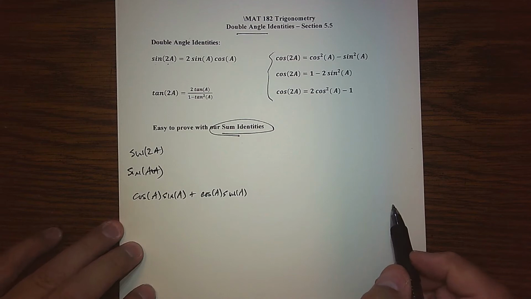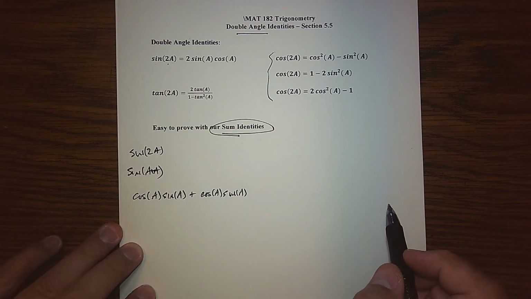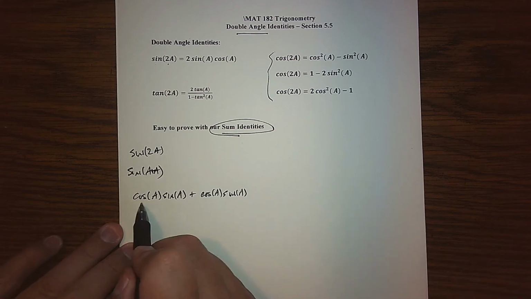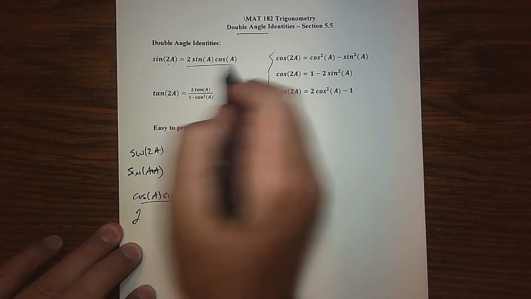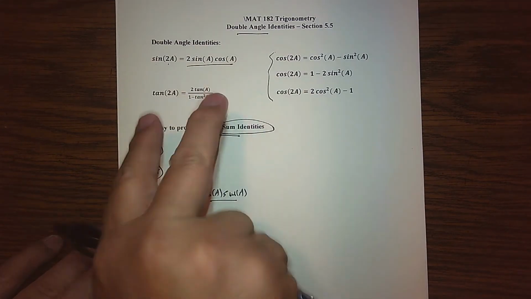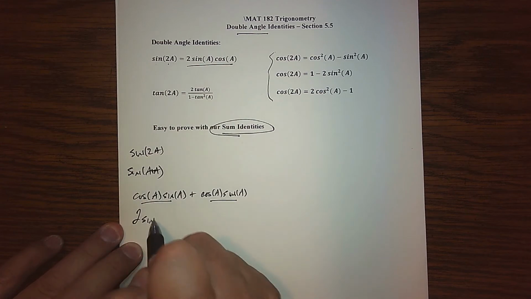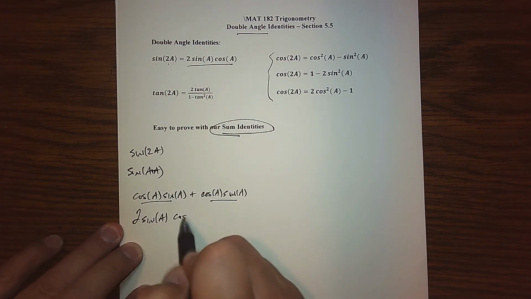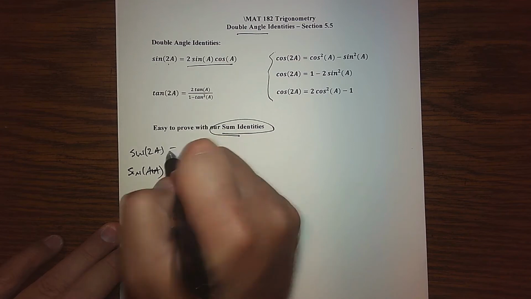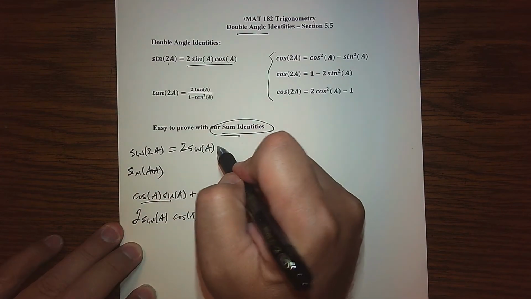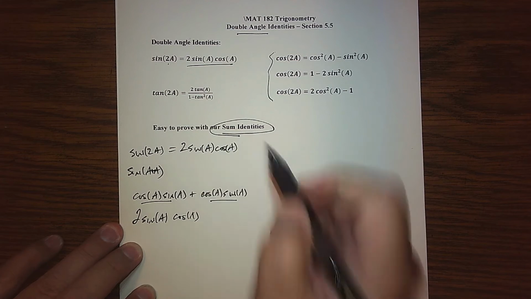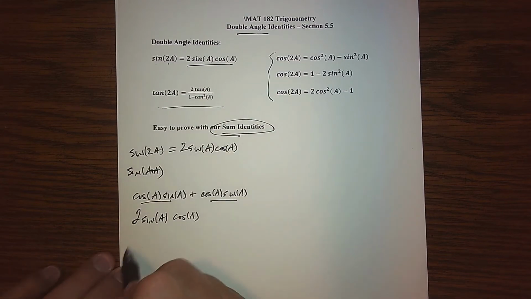Alright, so that's basically how that breaks up. And so what we see is we have the cosine and the sine twice. So, since multiplication is commutative, we get 2 sine of a cosine of a. So that's pretty easy to prove. Very, very easy.